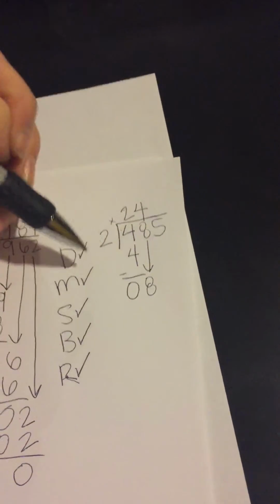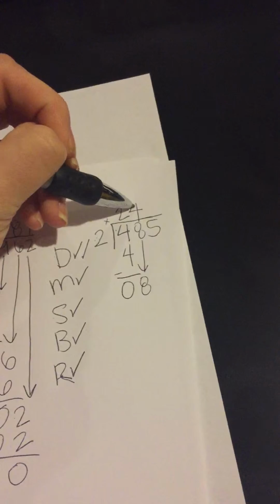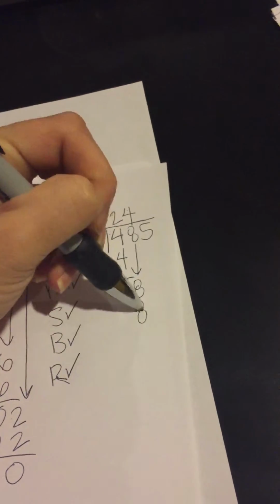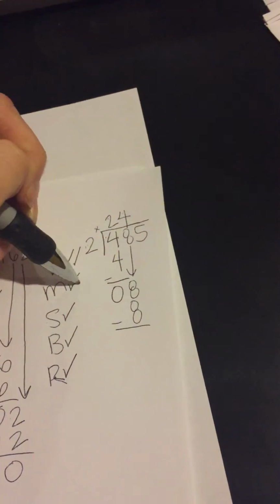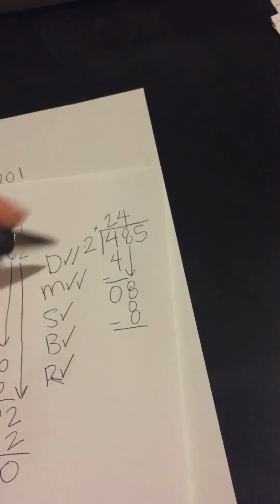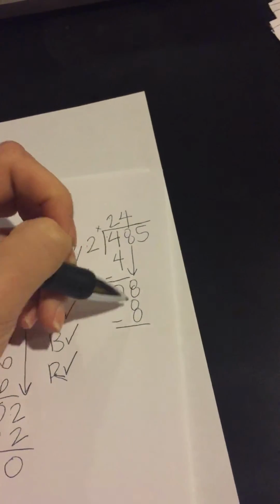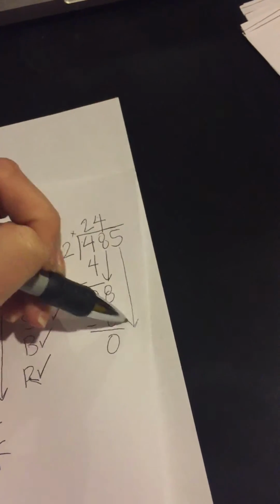Well, we know that. That's 4. All right. And 4 times 2 equals, you got it, 8. And that's our multiplication step. And, oh, I got a little ahead of myself. Now I'm going to be subtracting. 8 minus 8 is 0. Now our B stands for bring down.